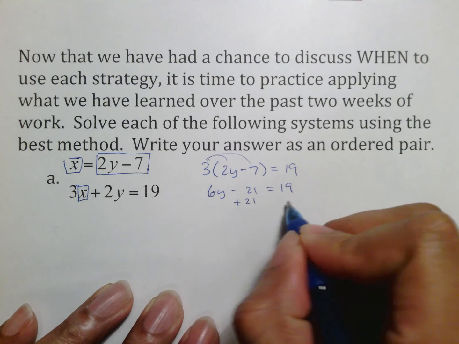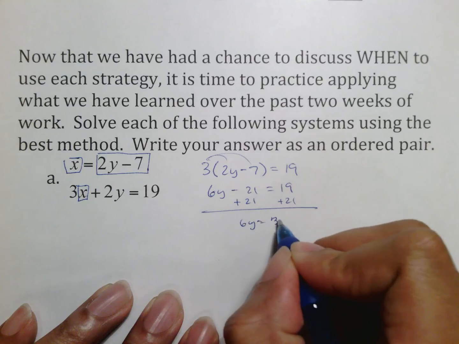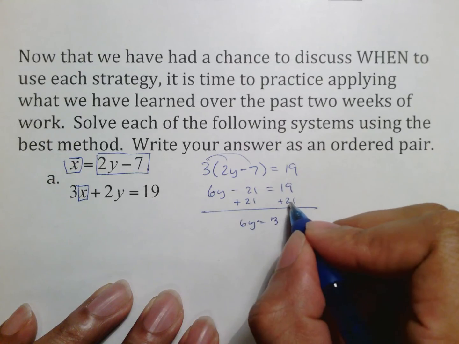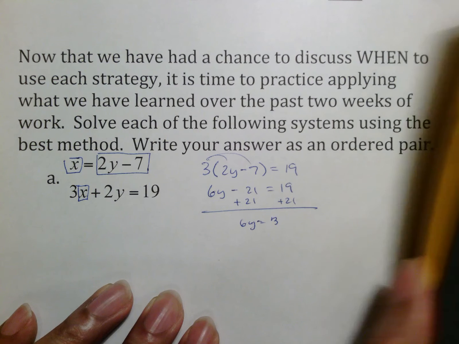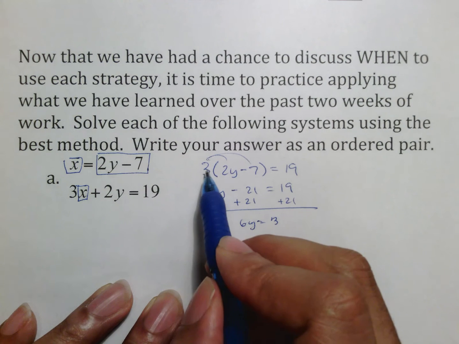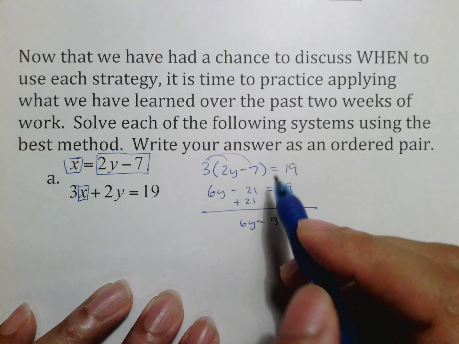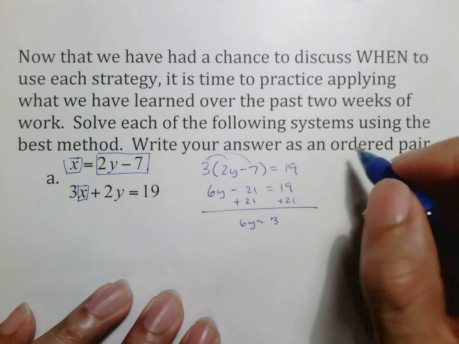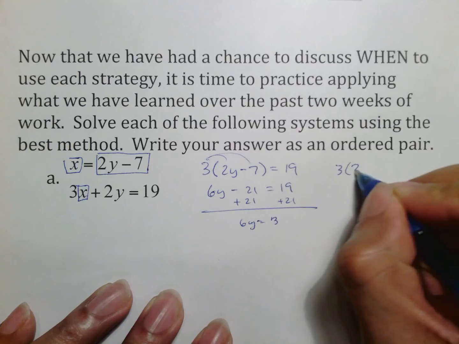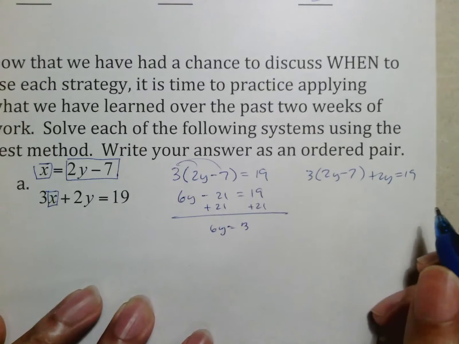We add our 21 to both sides. 6y equals, what's that, 30? 40? Did I mess that up? Let's see. 3 times 2y minus 7, 2y, that's right. Oh, I forgot my 2y. That's what it is. So anyway, it'd be 3 parentheses 2y minus 7 plus 2y equals 19. That's where I messed up.